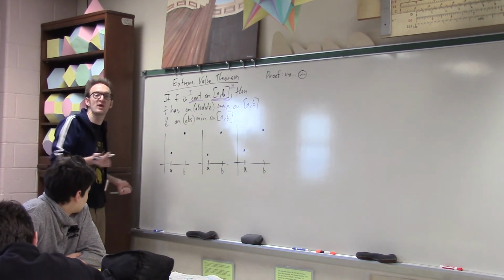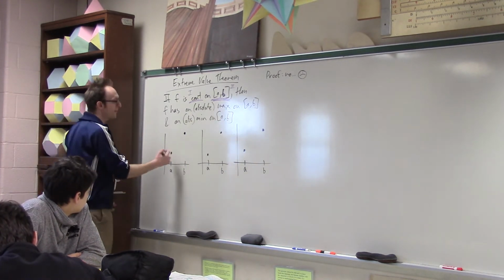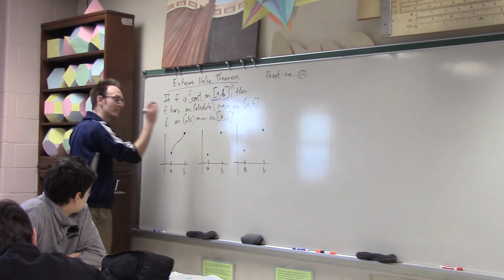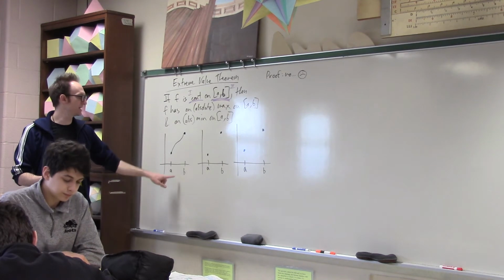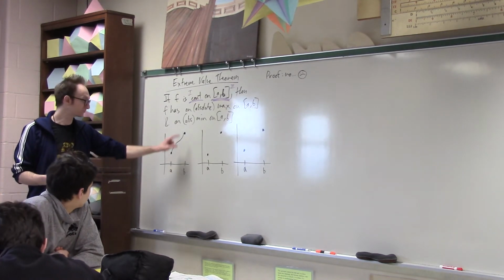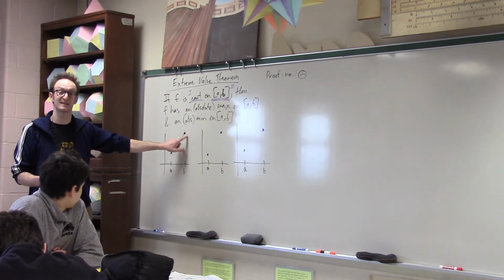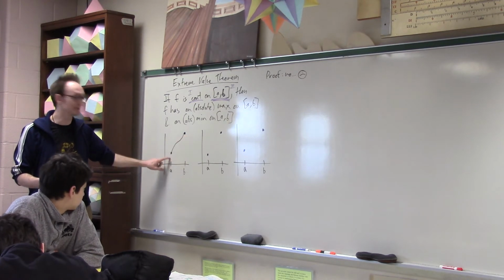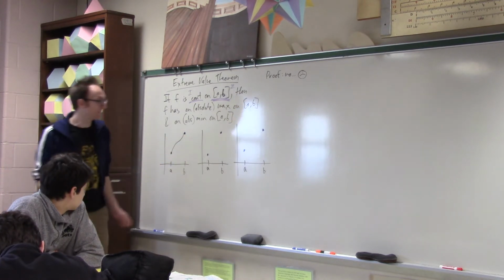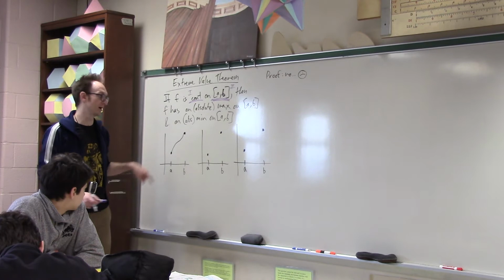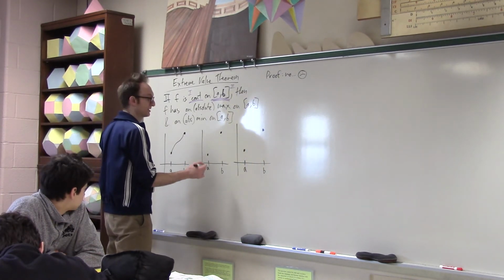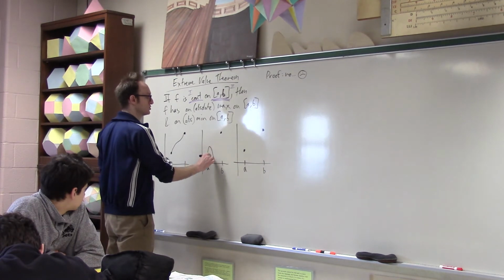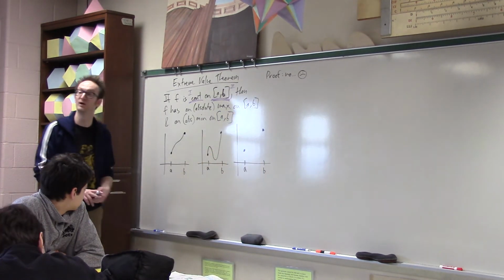If you think about what this function could do, one thing it could do is just go up like that, right? In this case, what's the absolute maximum? f(b), the right endpoint. And the absolute minimum is f(a), the left endpoint. But the endpoints don't have to be the extrema, because instead, maybe the function might do something like, whoa.